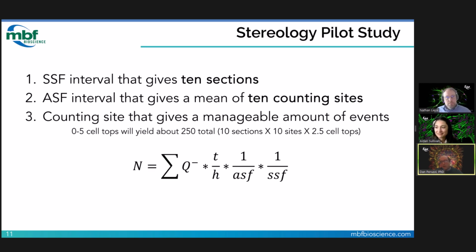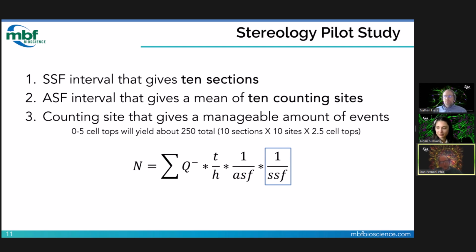So this slide is really, as Nate was saying, the crux of what the pilot study is for. We want to figure out the section subfraction. We can see where section subfraction is in the formula. And so we want to choose an interval for a section subfraction that will give us about 10 sections.